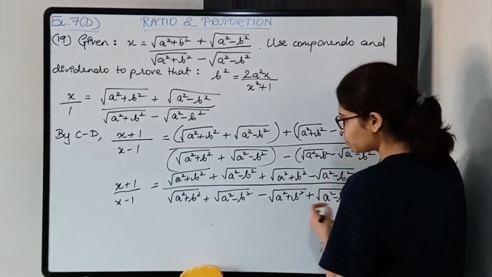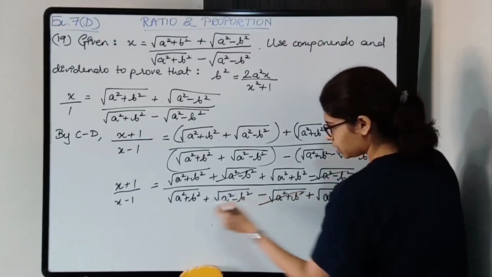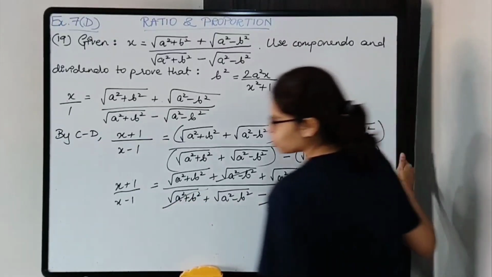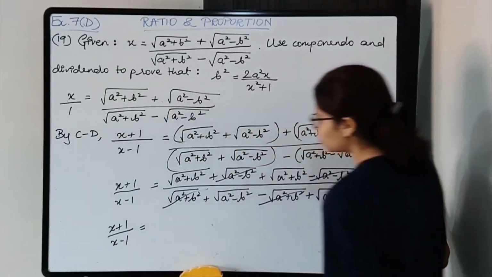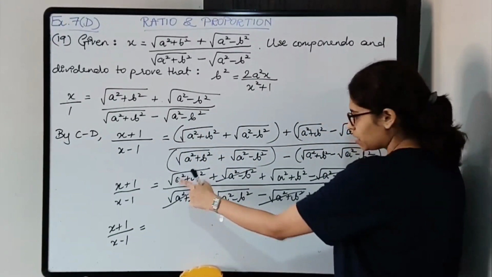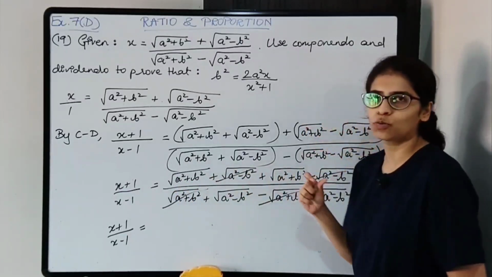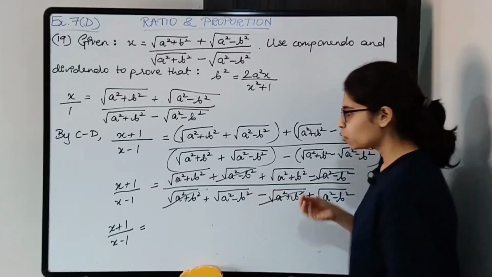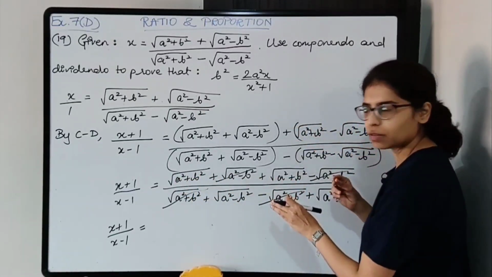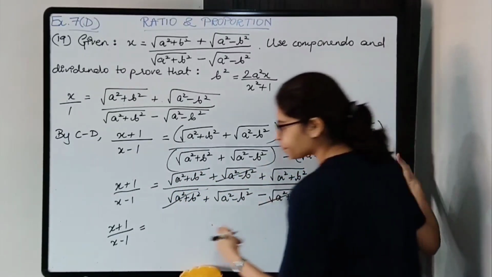Now some terms are getting cancelled, this and this, so we get x plus 1 upon x minus 1 is equal to square root of a square plus b square plus square root of a square plus b square. It is like square root of 2 plus square root of 2. What will you get? 2 root 2. You cannot add the terms inside the root, but it is like root 2 plus root 2, you will get 2 root 2.